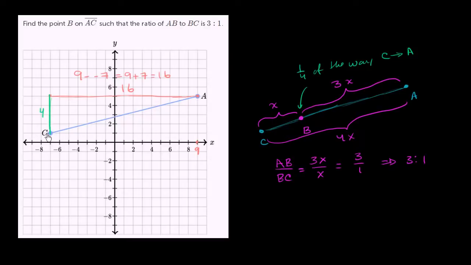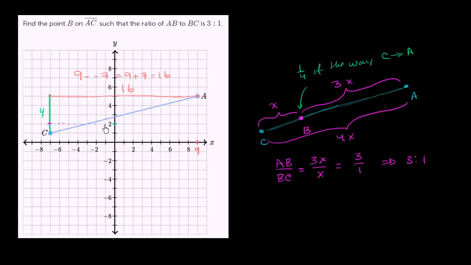So what we can say, going from C to B in each direction, in the vertical direction and the horizontal direction, we're going to go 1/4 of the way. So if we go 1/4 in the vertical direction, starting at C, 1/4 of 4 is 1. So I've just moved up 1.